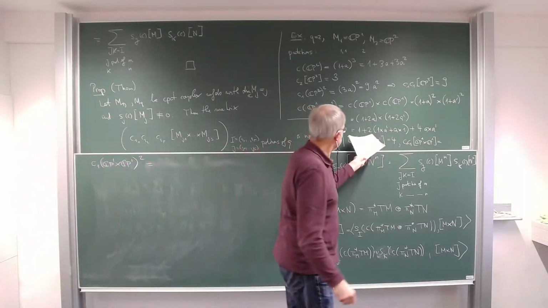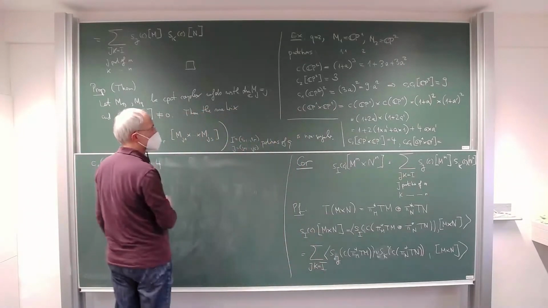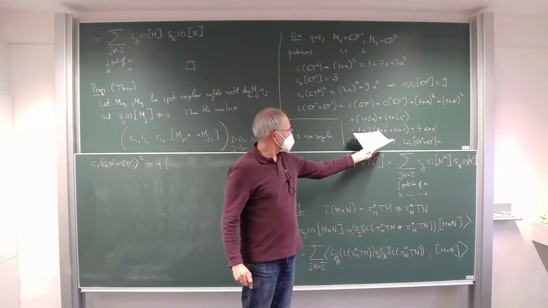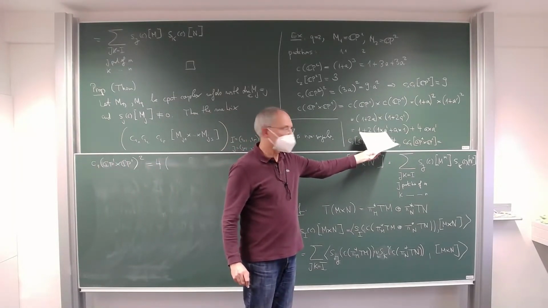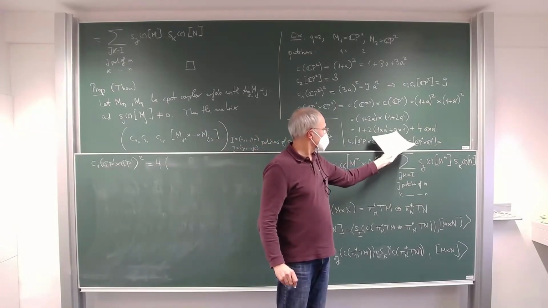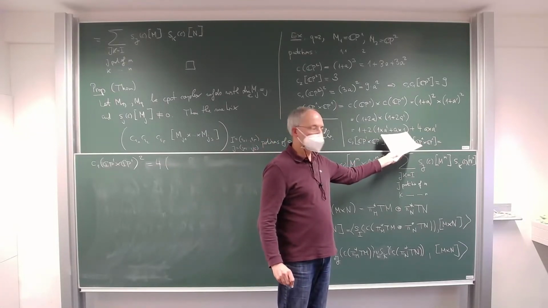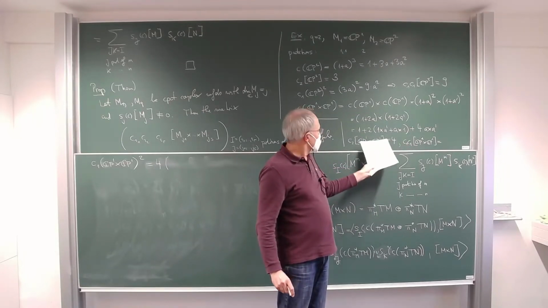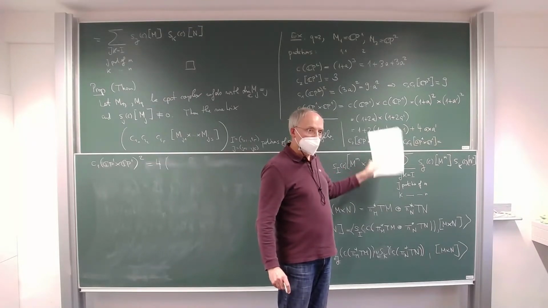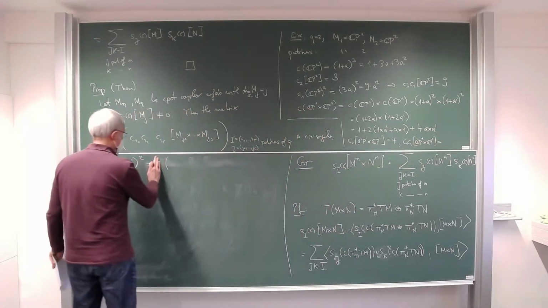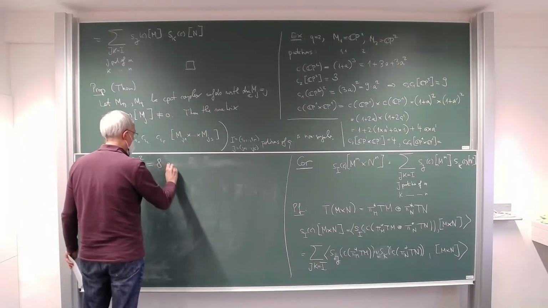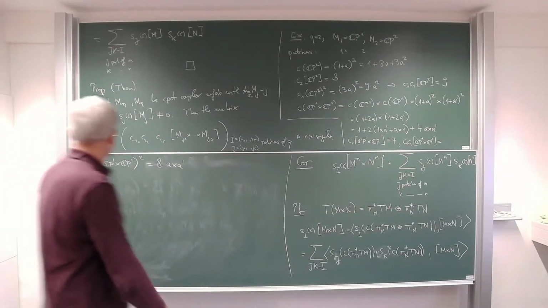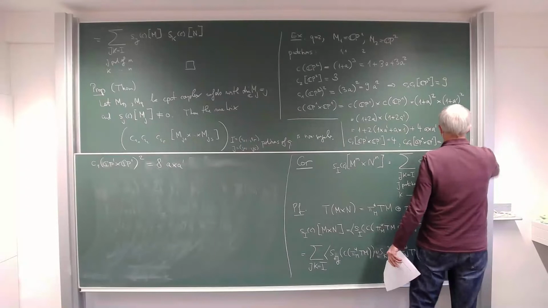I have to square this one. This gives me 2 times 2 is 4. And I have this term squared, but that gives me 1 times A' squared, which is 0. And similarly, if I square that one, I get A squared times 1, which is also 0. A squared is 0. So only the mixed terms contribute, and those I have 2 times. And this times that is of course nothing but A times A'. So what we actually get is 8A times A'. And if we integrate this over the manifold, then we get 8.